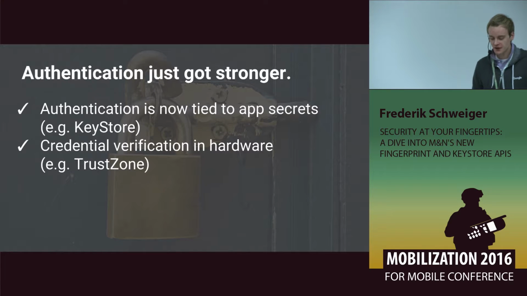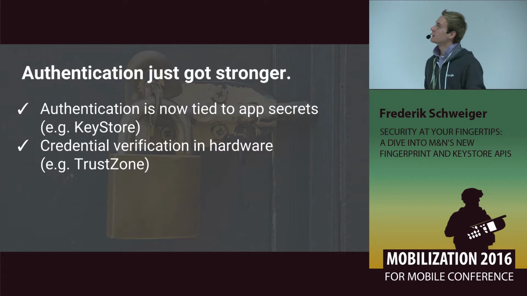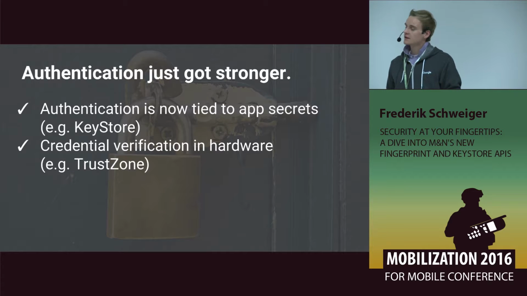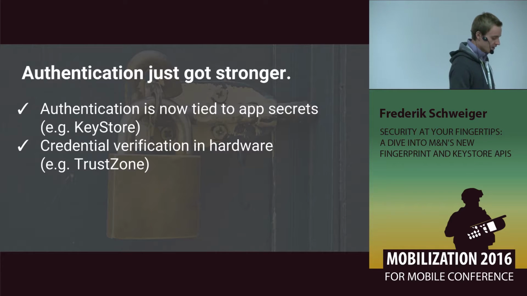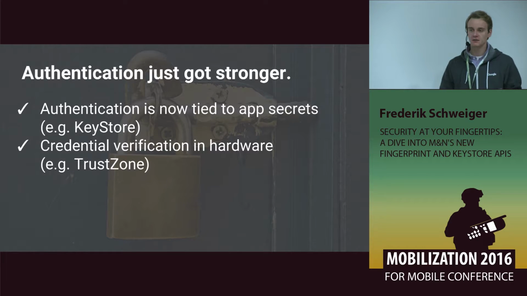So in the end, authentication just got easier. You don't have to show an authentication screen in your app. This is pretty convenient if the user is sitting in the train and wants to check his bank account balance or whatever, and he just unlocks his phone.